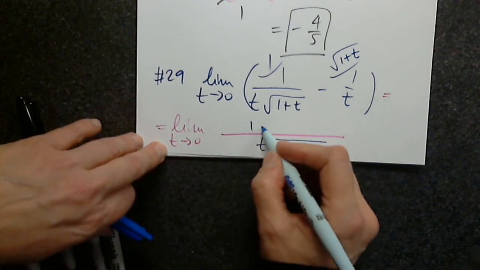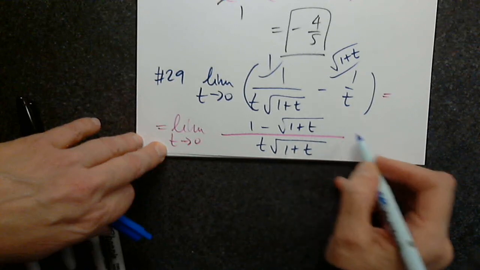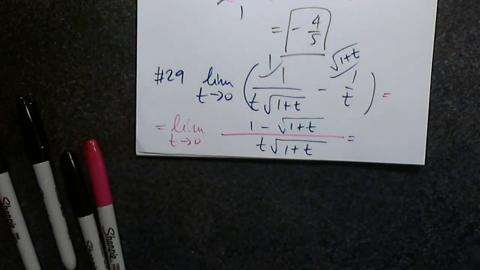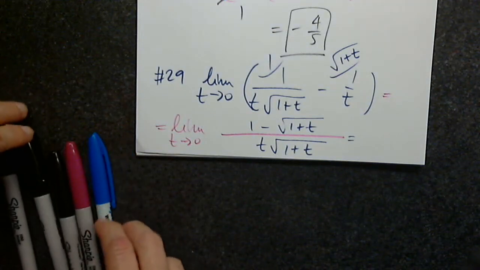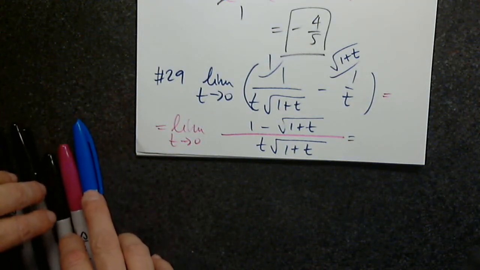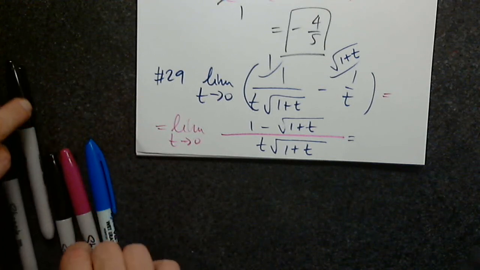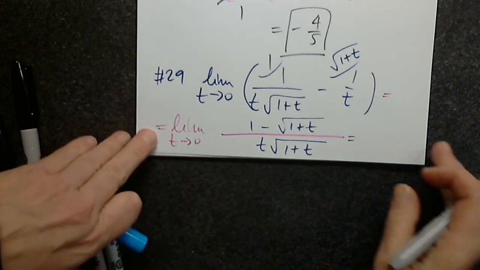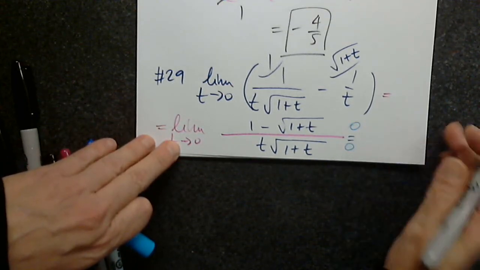Good. So the numerator is 1 minus the square root of 1 plus t. Now I'm going to plug it in. I hope it's 0 over 0. I really hope it's 2/3, so I don't have to do anything. But if it's not 2/3 or 1/5 or whatever else, then I hope it's 0 over 0. What is it when I plug it in? 0 over 0. I agree.